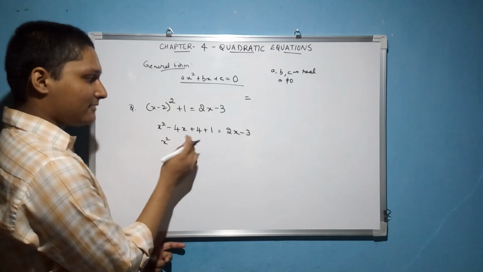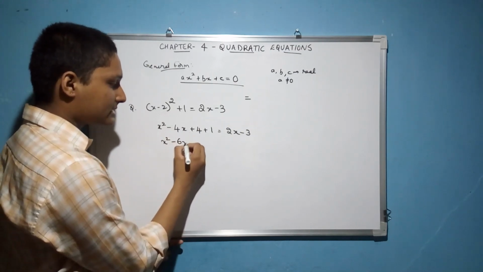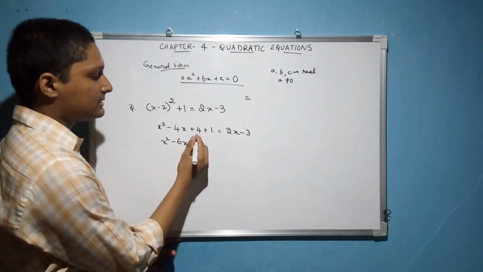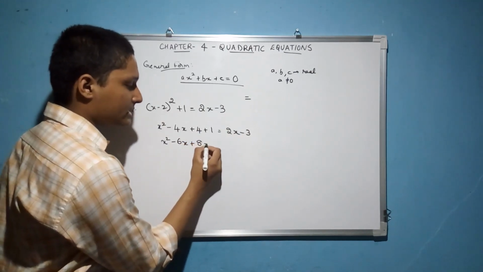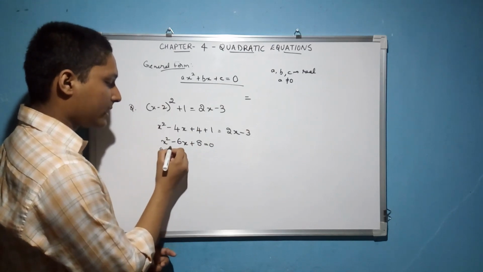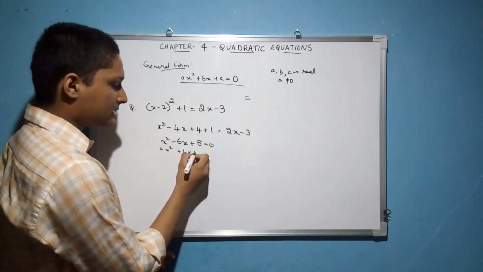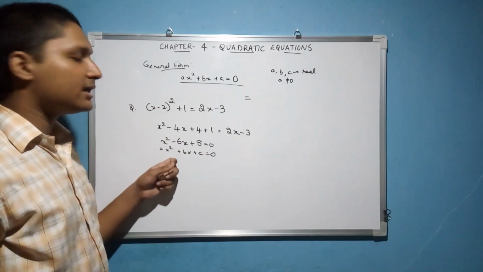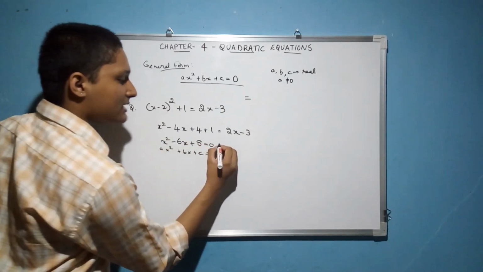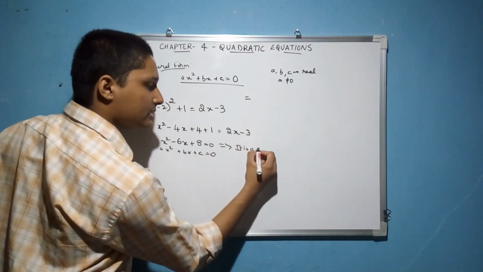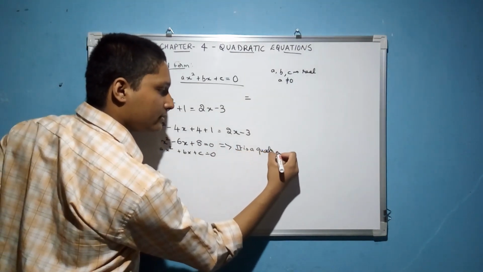When you bring this 2x to the left side, it becomes minus 6x. Then 4 plus 1 is 5, and 5 plus 3 is plus 8, equal to 0. Therefore, this forms ax square plus bx plus c is equal to 0, the general form of the quadratic equation. So wherever you get this form, you can conclude that it is a quadratic equation.